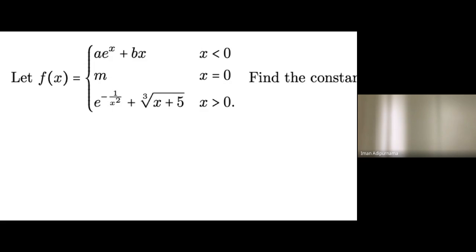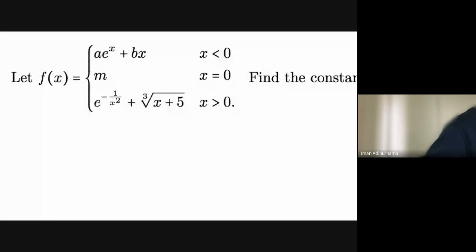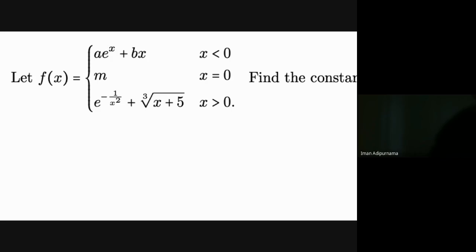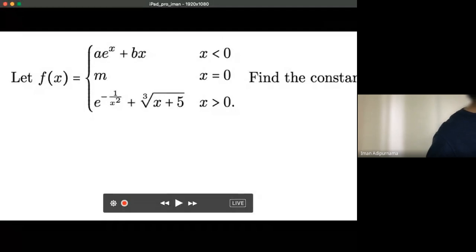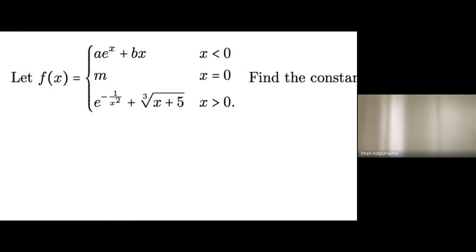The third one is e to the negative 1 over x squared plus the cube root of 3x plus 5.